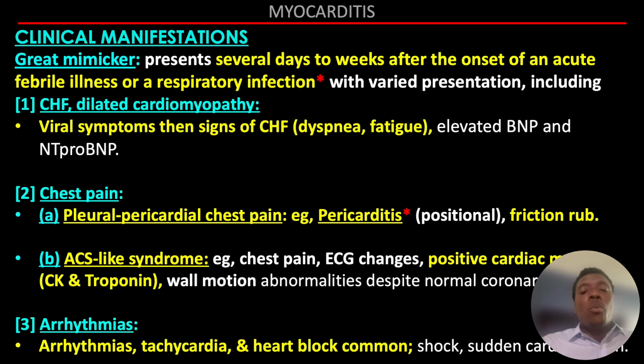And the third and final way it may present is with arrhythmias. Remember, it affects the heart muscle, so it can affect the conduction system. They can either have tachyarrhythmias, they can have bradyarrhythmias, or they can develop heart blocks as well. So again, look for someone who was relatively healthy, look for the trigger, and they develop symptoms of either heart failure, chest pain of pericarditis, or ACS-like chest pain, or arrhythmias.